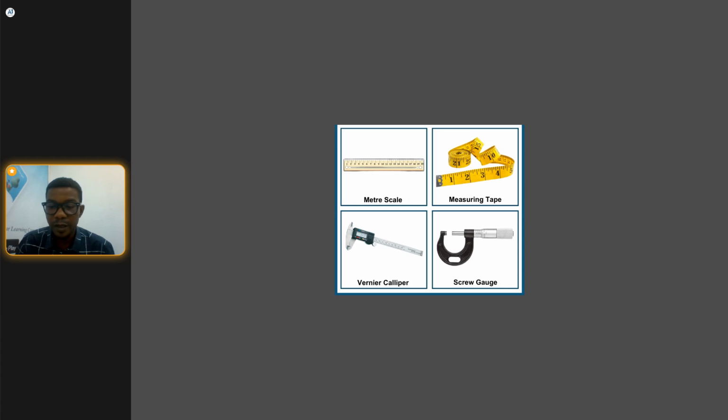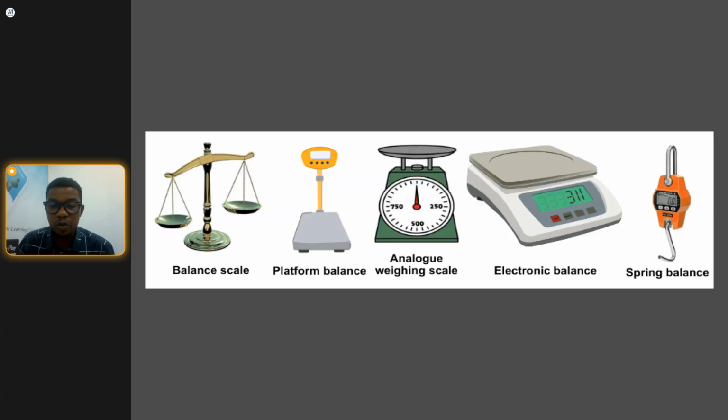And the next diagram here, we'll be having the instruments that are used for measuring mass. We have different types of them. We have the balance scale. Of course, some of us will be seeing this. Sometimes when you go to buy meat in the markets, they use this to weigh the meat for you in kilograms. We have the platform balance, which is used mostly by stores that sell grains like rice, beans, and the likes.